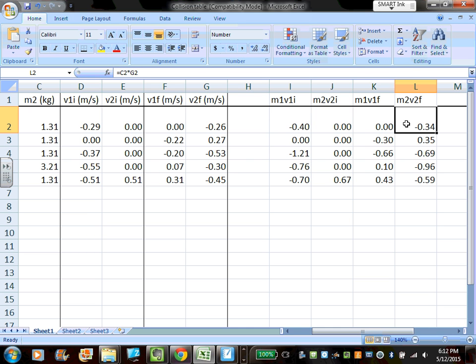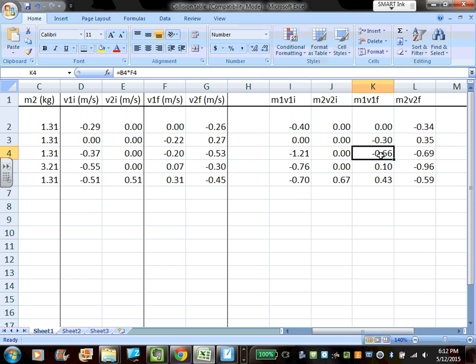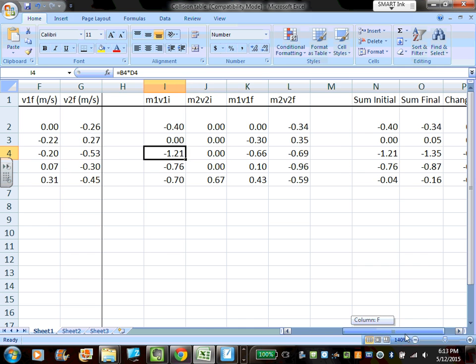And even if I draw a line between the stuff happening before the collision and the stuff happening after the collision, I can see that the stuff after the collision, if we add it up together, seems like it might be equal to the stuff before the collision, right? In fact, I did that over here.